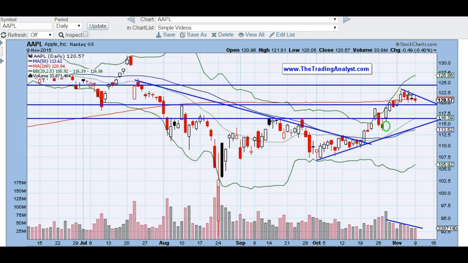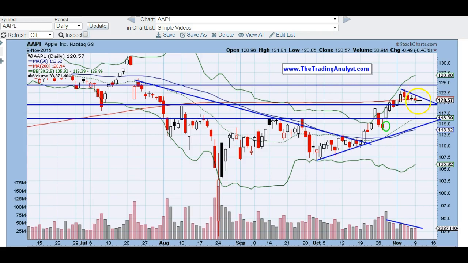In the meantime, I'm going to assume that we're possibly heading lower on Apple based off of the 1, 2, 3, 4 days of selling on Apple. So consistent selling, not any crazy volume coming out of the stock, and not any crazy levels have hit.